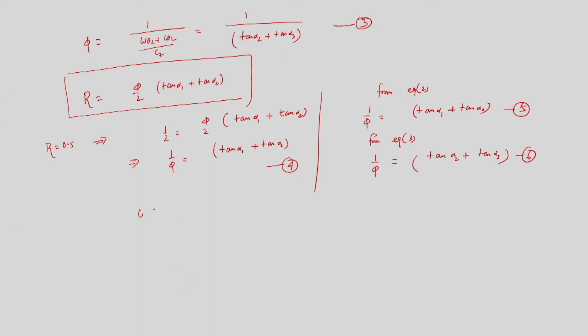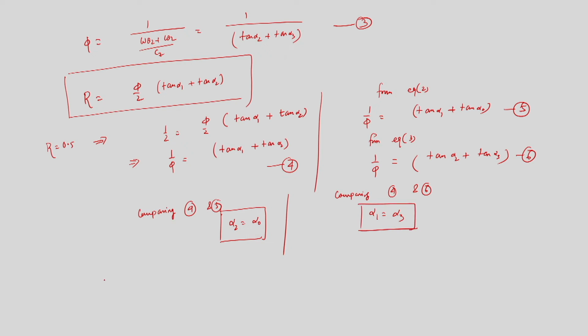Comparing 4 and 5, what do we obtain? Alpha 2 is equal to alpha naught. Similarly, comparing 4 and 6, we obtain alpha 1 is equal to alpha 3.